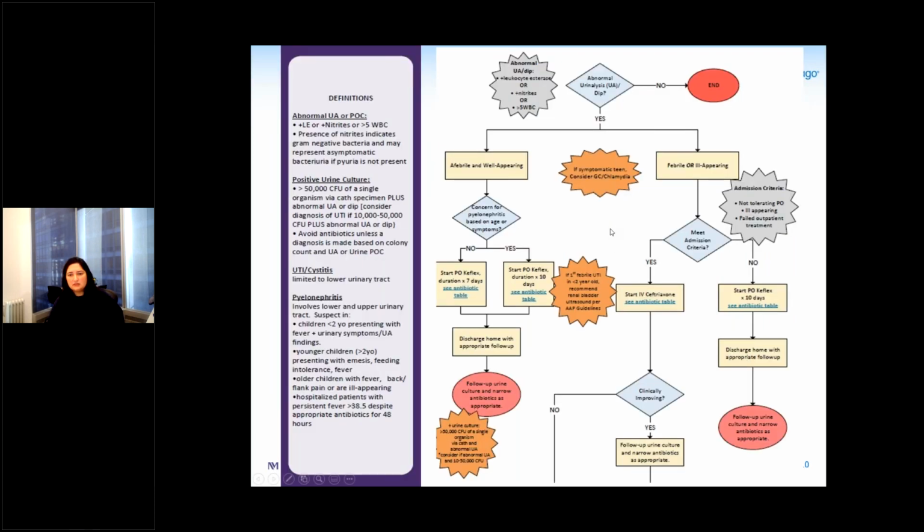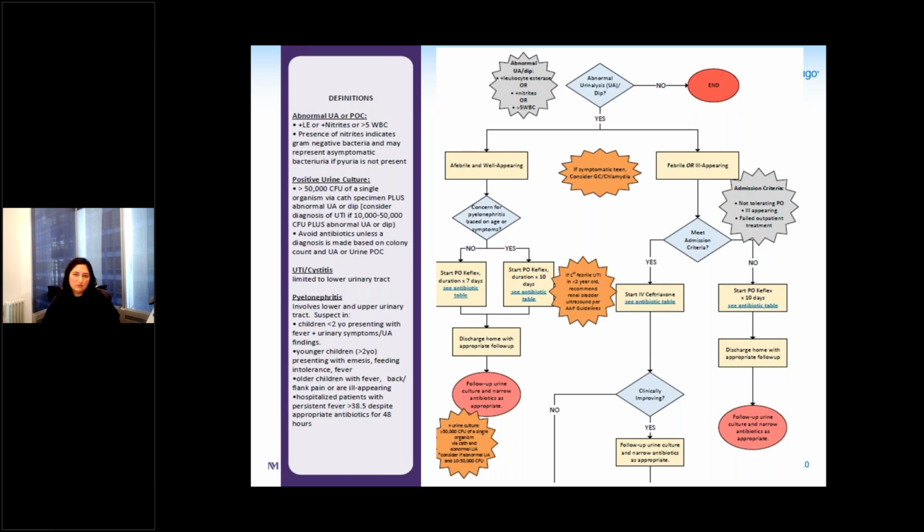I'm sorry, this is busy and small, but this is the algorithm we have put together at Lurie Children's for management of UTIs in the emergency department, and I thought I would share it. I'll go over it briefly. If UTI is on the differential, make sure you send both a urinalysis and a urine culture.